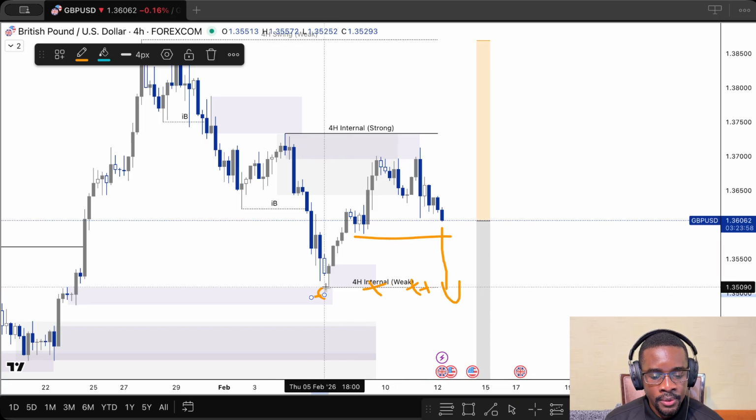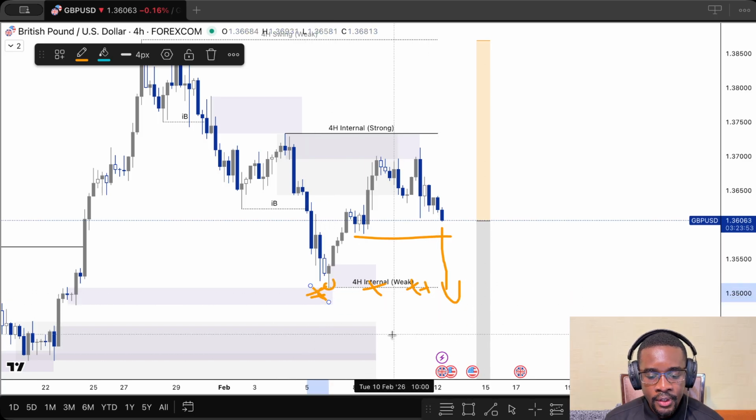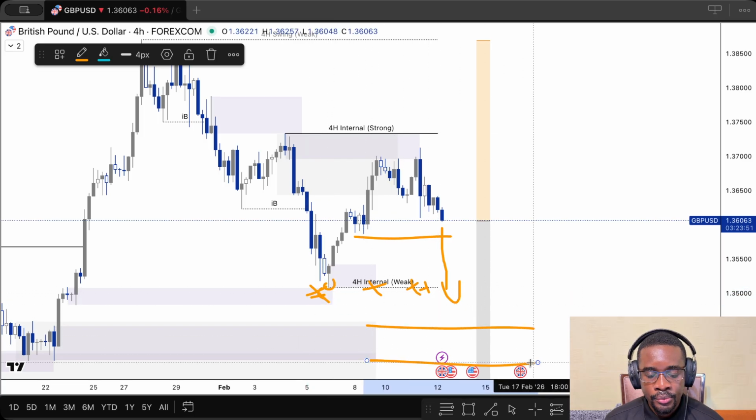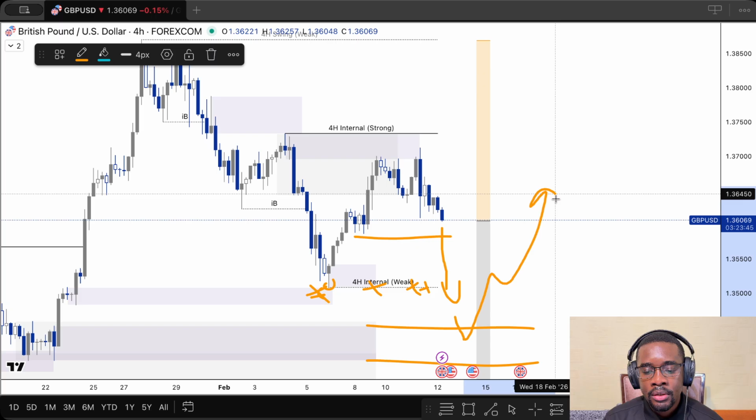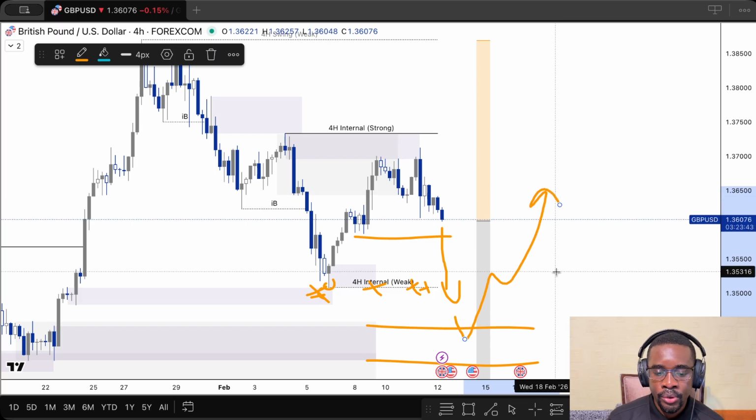This has already been mitigated right here, so this could fail, and then price could then come down to mitigate this demand in this area, before looking to continue with the bullish swing trend.